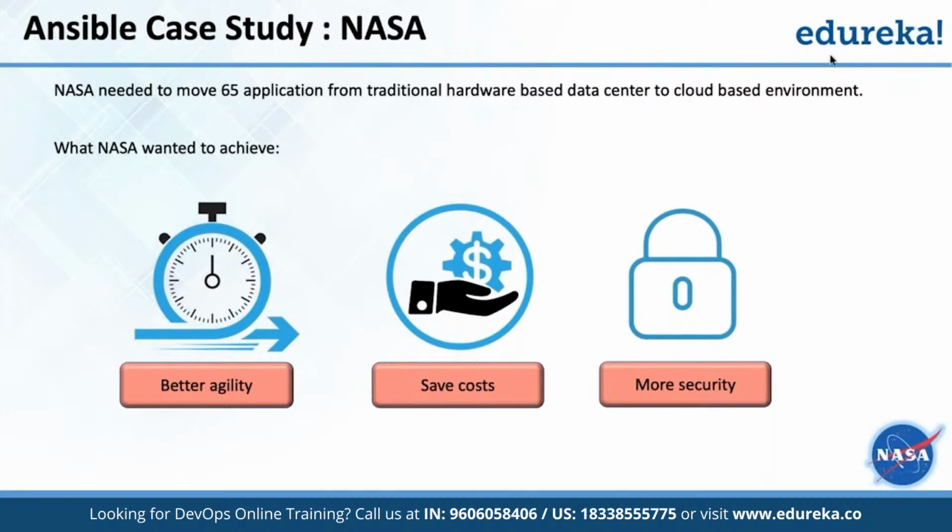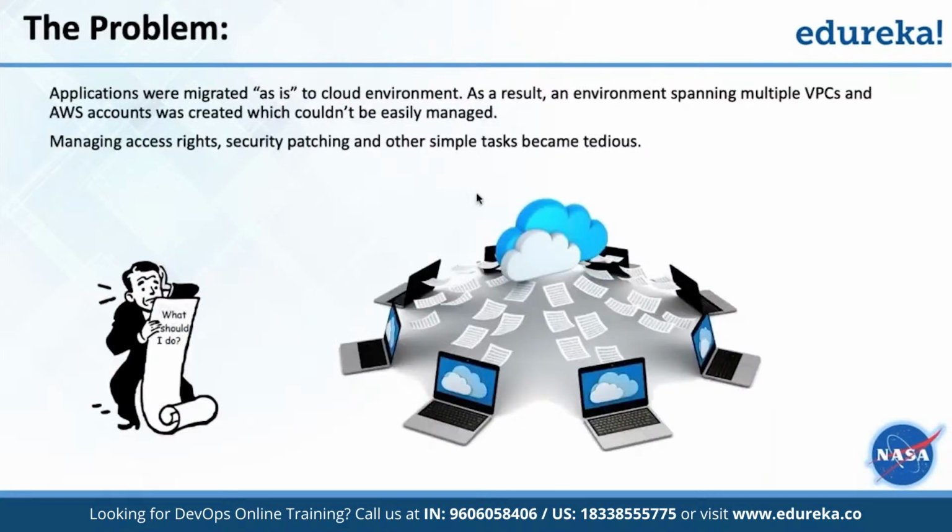At the same time, they wanted to save some cost. They did not want to incur SSH cost, this migration cost. They wanted more security and better agility. How did NASA achieve this goal? NASA used Ansible as their one-stop shop to do the migration with more security, better access rights, and more agility.